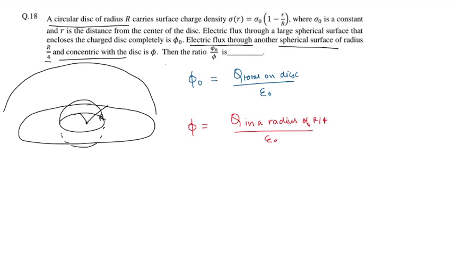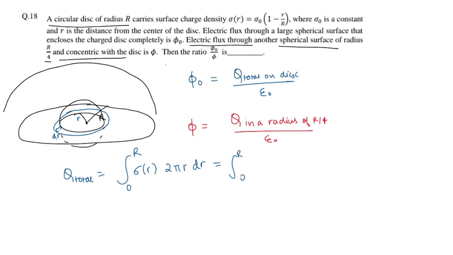So the total charge, if you take an element at radial distance r, which has a thickness dr, then this circular element has a net charge of sigma of r times 2 pi r dr, and then you integrate it. If you want to figure out the total charge, you integrate it from 0 to capital R.